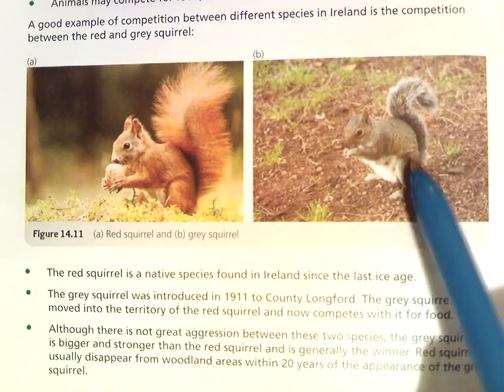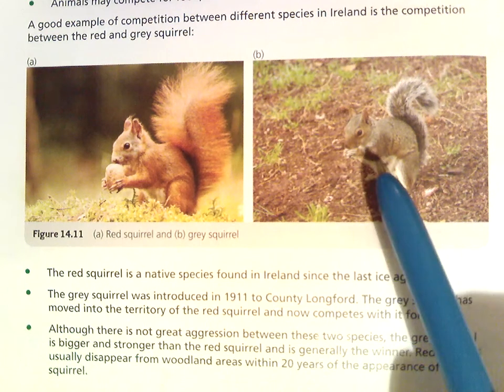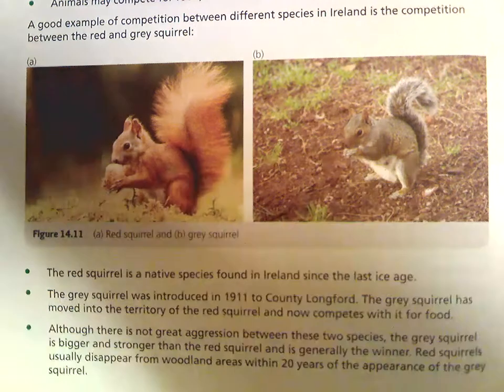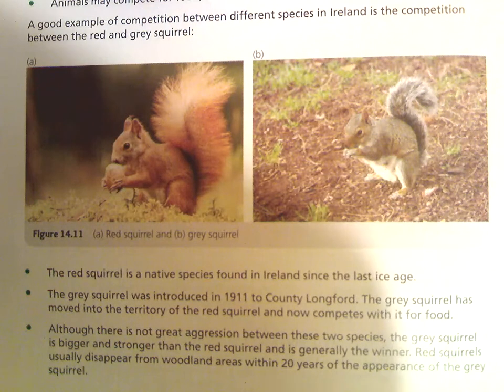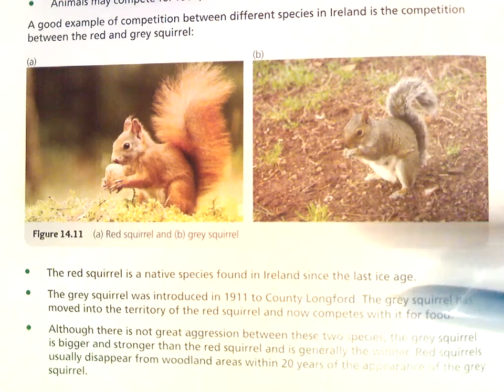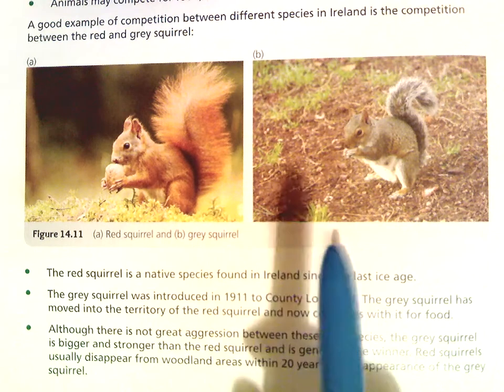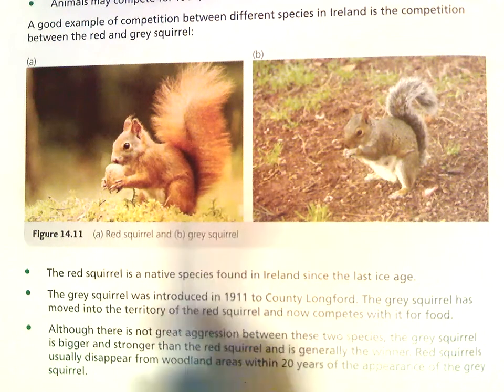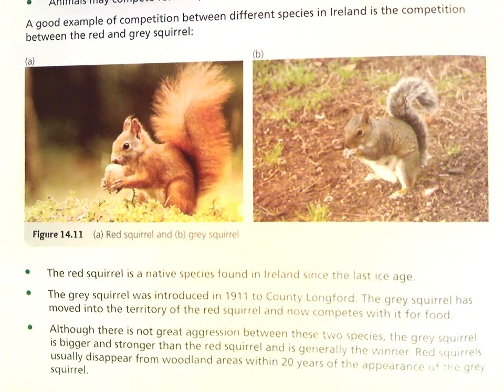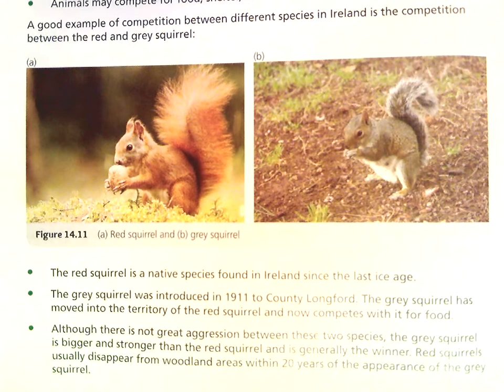The grey squirrel outcompetes the red squirrel for resources, shelter, and space within the territory. That's an example of competition for limited resources within an environment.